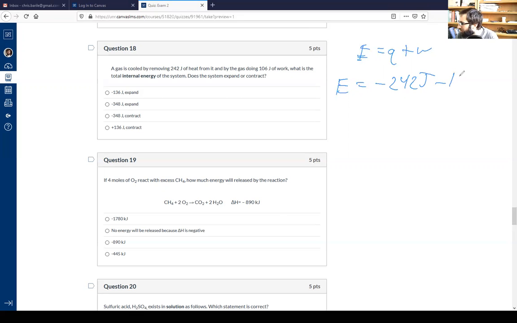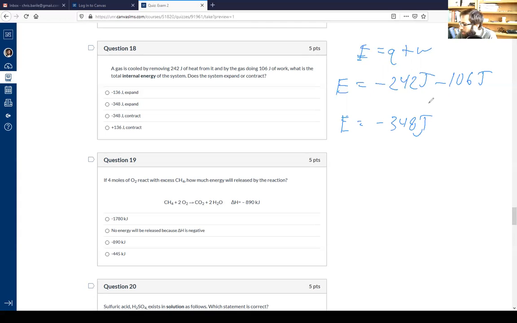So it would be negative. Another way of thinking about it is, remember I was saying in class that if you're squeezing a gas, you're adding work to it, right? That takes energy. This is the opposite of it. It's expanding, so it must be negative. And so that is negative 348 joules.